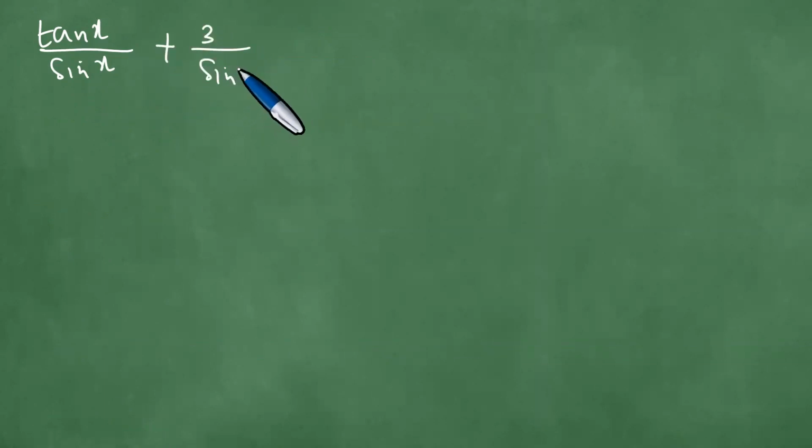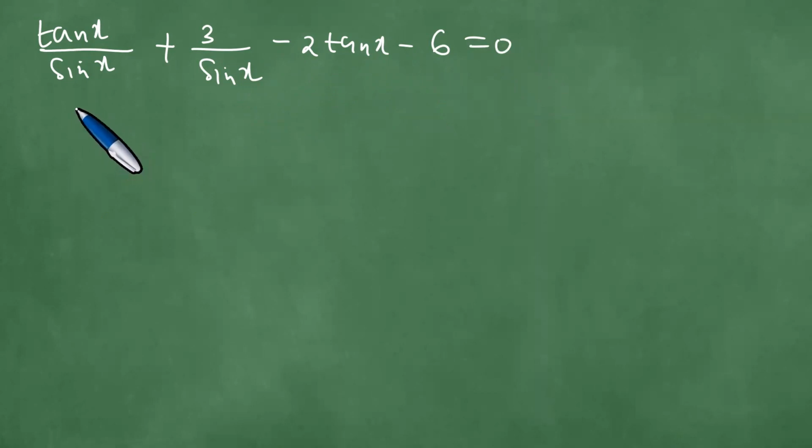Right, so we have tan x over sin x plus 3 over sin x minus 2 tan x minus 6 equals 0.